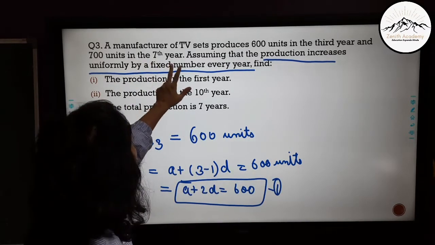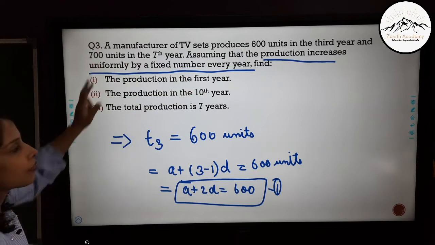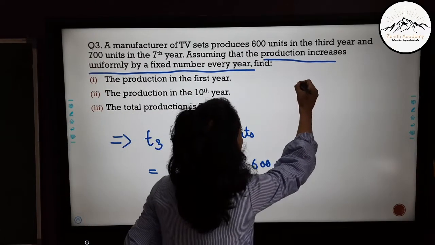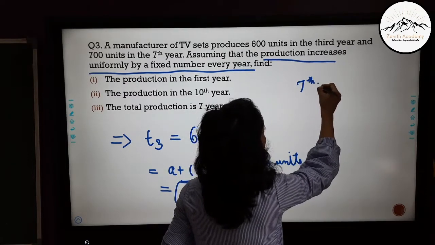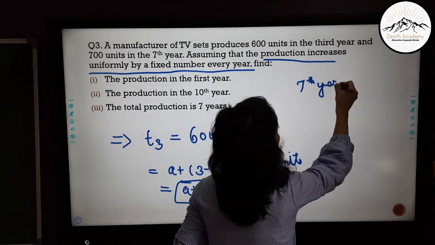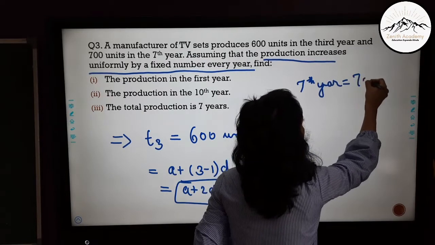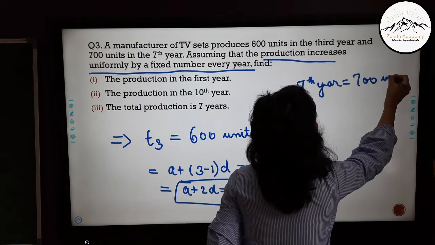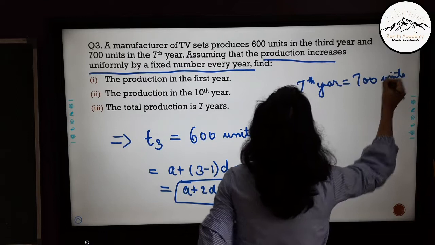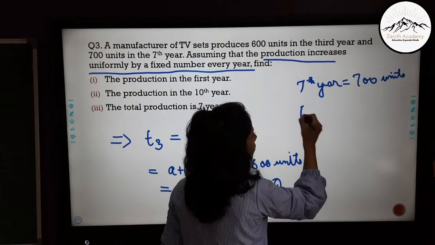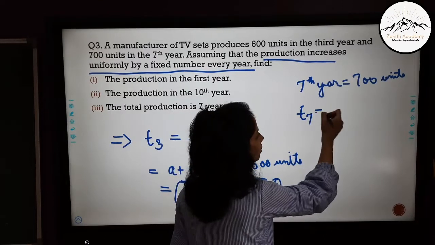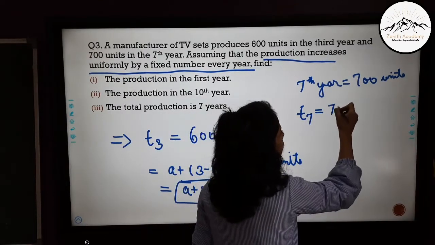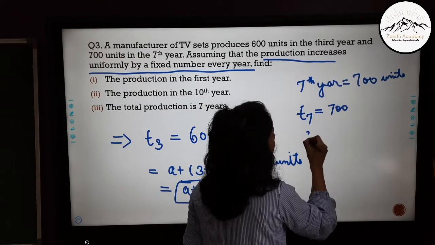Similarly, in the 7th year, production is 700 units. So this is our term 7, because production is in AP, term 7 is equal to 700.